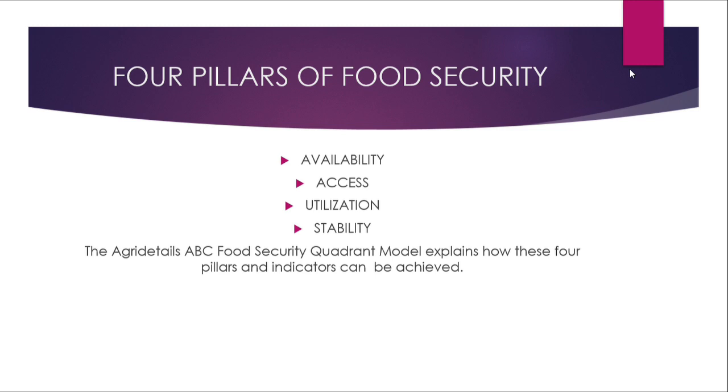Then utilization. When we talk about utilization, we are now talking about the science of the food. Because sometimes you buy vegetables that are produced with certain chemicals, and by the time you eat the vegetable, you discover that you go to the toilet like 3 times in the night because you have eaten a certain vegetable. Because there are toxins, strange chemicals, strange elements in that vegetable.